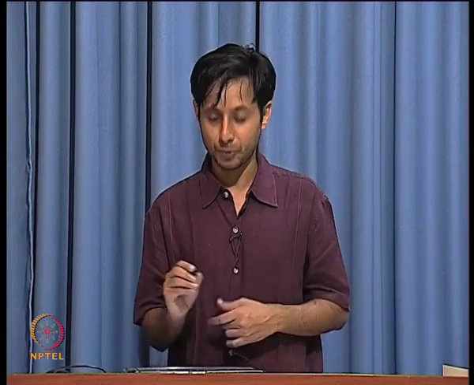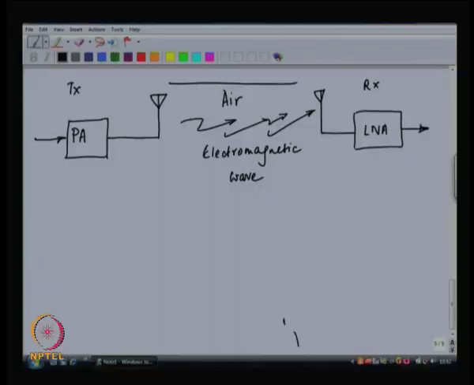It is actually much more drastic than that. So, if the distance is x, then the power received on the receive antenna is theoretically proportional to 1 by x square. This is not really true. In practical situations, it is actually much worse than 1 by x square. Okay.